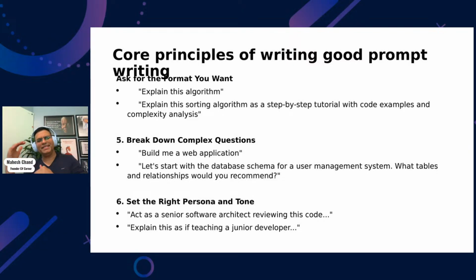So when you are building these complex products using Gen AI, by the way, today, as we are speaking right now, you don't have to write code to build a complex website. You can just use Gen AI tools, and it will build the entire website. It will build your database, it will build your API, it will build your front end, it will build your business logic without writing code.